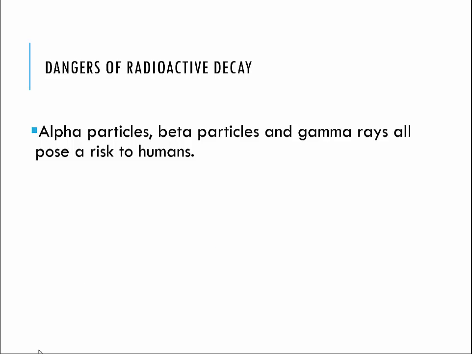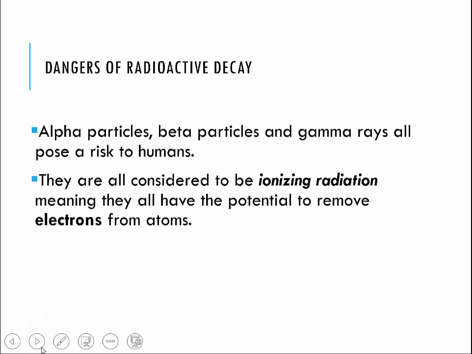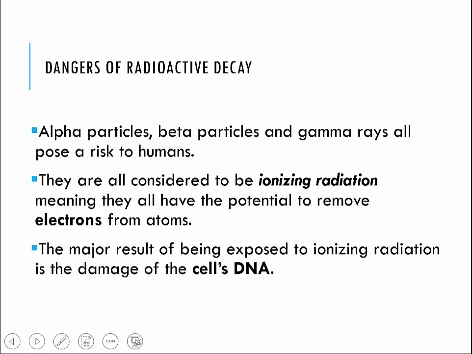So, not only is this stuff useful, it's also very dangerous. Alpha, beta, and gamma particles and rays all pose a risk to us as humans because they all have ionizing radiation, meaning that they have the potential to remove electrons, causing something to be positively charged.